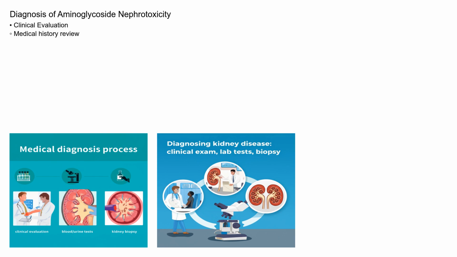Urine tests can also provide valuable information, revealing the presence of protein or casts in the urine, which are signs of kidney damage. Additional tests, such as fractional excretion of sodium, can help differentiate aminoglycoside nephrotoxicity from other causes of acute kidney injury. In rare cases, a kidney biopsy might be necessary to confirm the diagnosis and assess the extent of kidney damage.